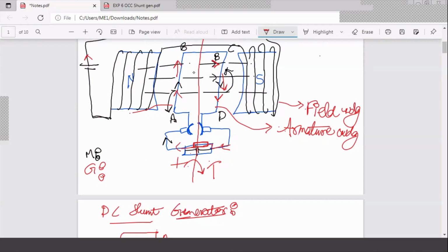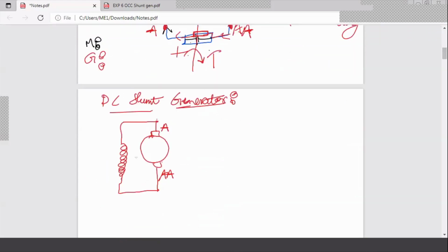So between these 2 points, along with the brush drop, I'll call this point A and this AA. Between these, the armature will have some resistance, and some back EMF is also developed.